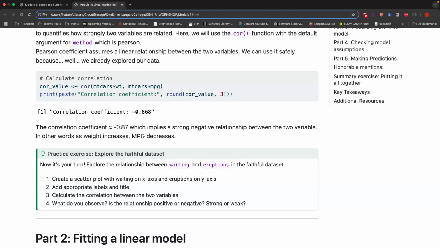And how did you run the correlation? You took the cars. Perfect. So there is a very strong correlation between waiting and eruption. So you need to choose what data set you use. Good, good, good.